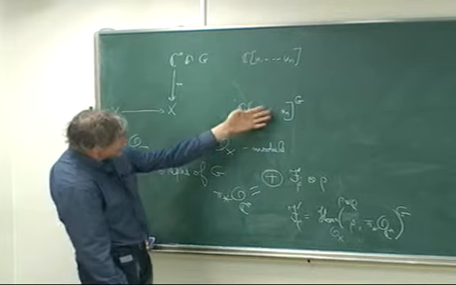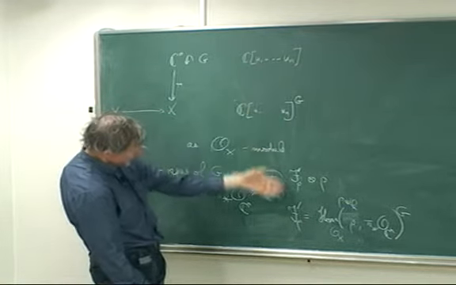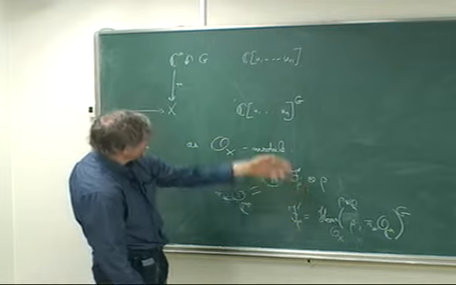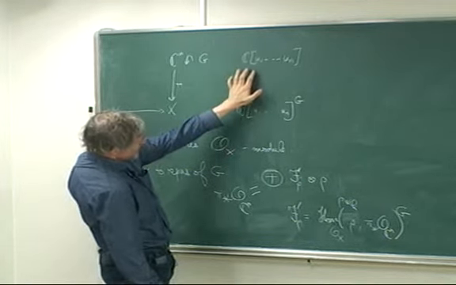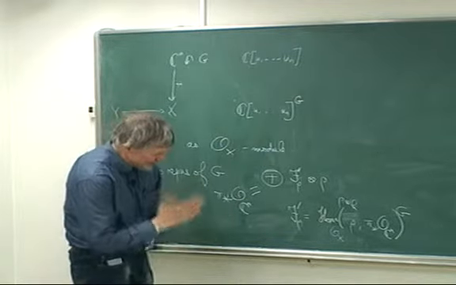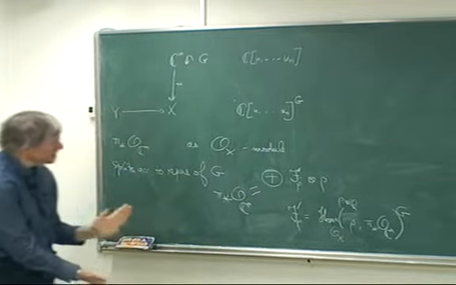So in any case, whatever I should have written here exactly, this guy here is a representation of G. Right? So it splits into isotypical components.